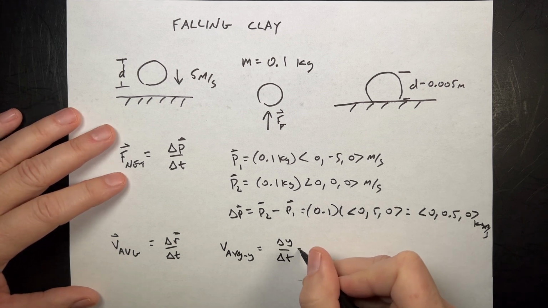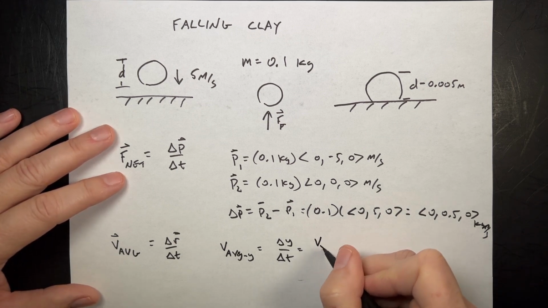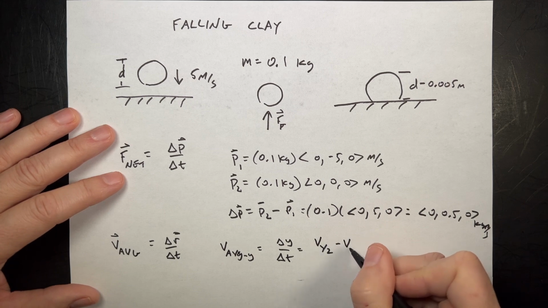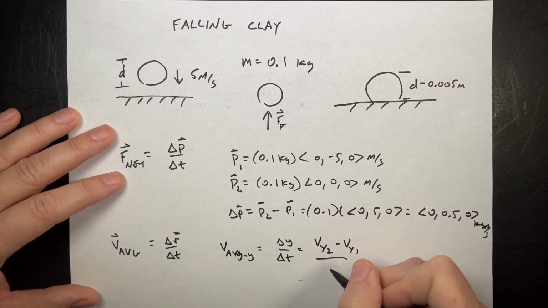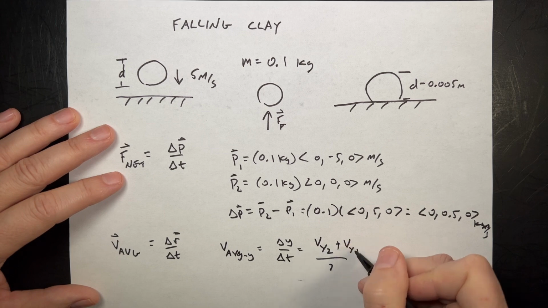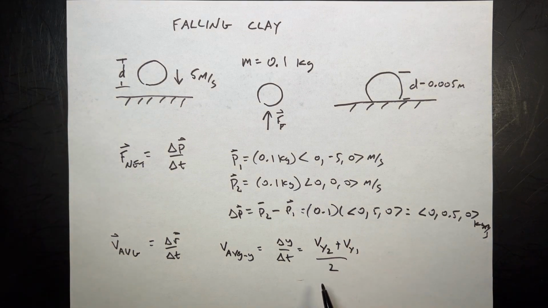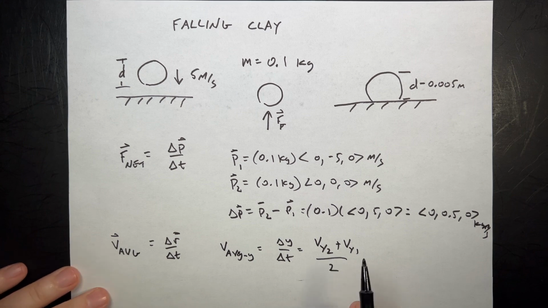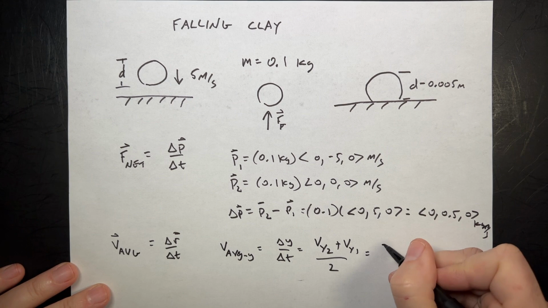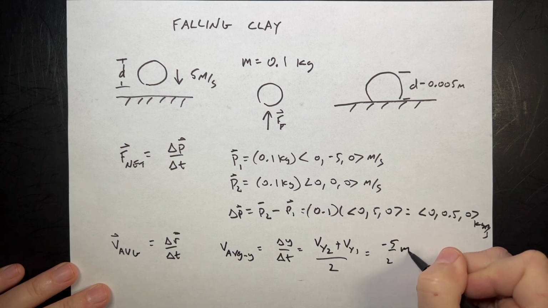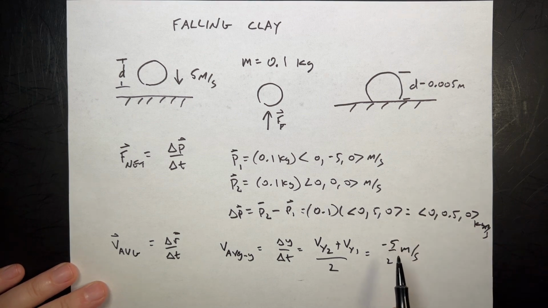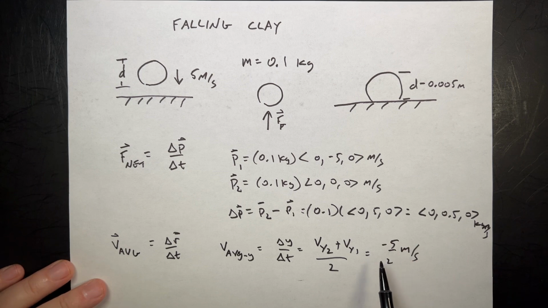It's also equal to Vy2 plus Vy1 over 2. That's the average, right? The average velocity is the initial velocity plus the final velocity divided by 2. I know these values, so the average velocity is -5 over 2 meters per second in the y direction. That's my average velocity as it collides.